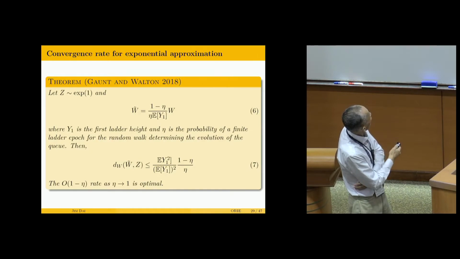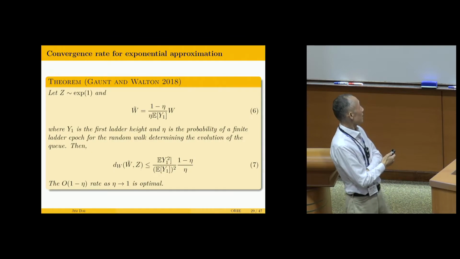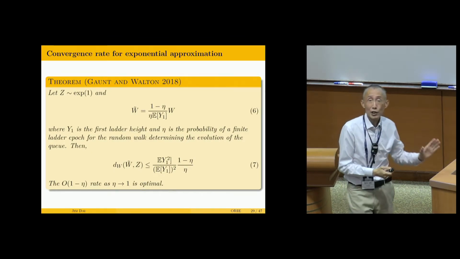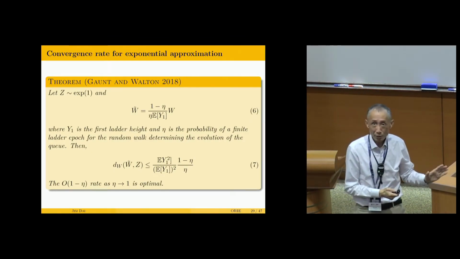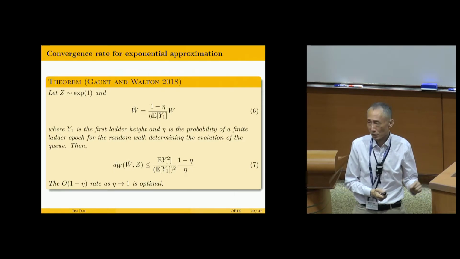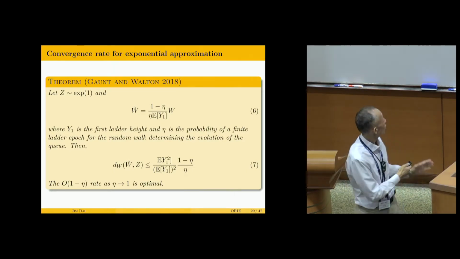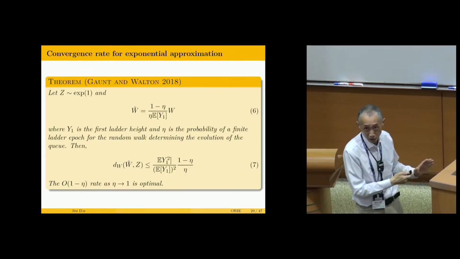Now, in terms of rate of convergence in Stein's method, this is one attempt. This result is for the general arrival process. For the Poisson arrival process, the 1 minus rho convergence rate is clear.